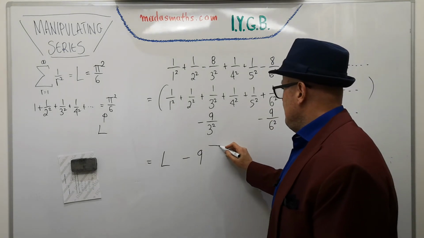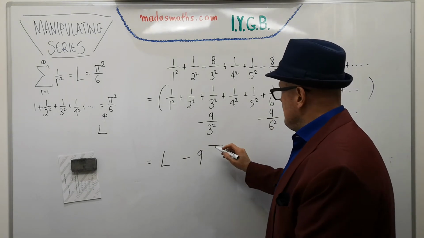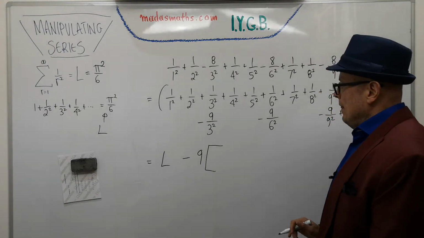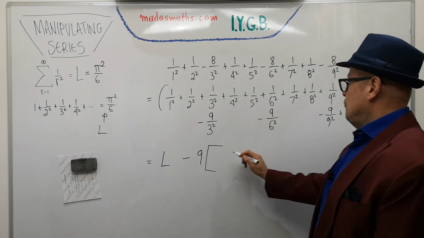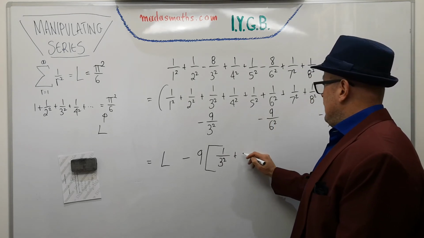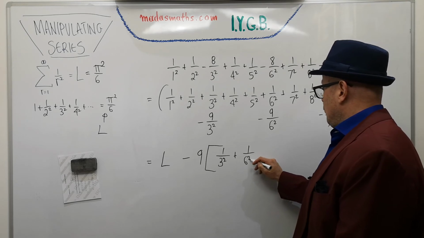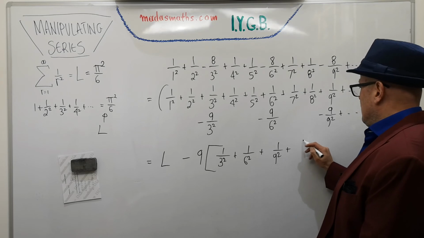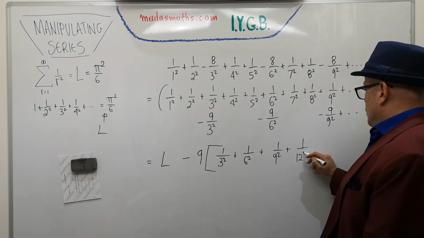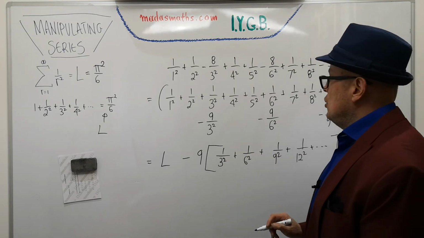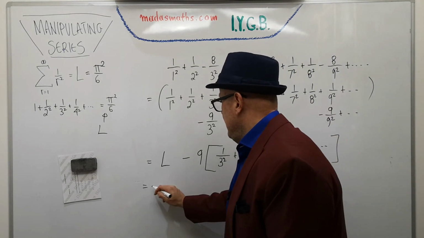And if I write in sigma notation, actually let me write first of all in normal notation so we can all see it before we move into sigma. So if we factorize the minus 9 from all of those, I'm going to get 1 over 3 squared plus 1 over 6 squared plus 1 over 9 squared plus, of course, if I wrote one more, it would have been 12 squared plus dot dot dot. So I'm going to write this now in sigma notation in the hope that this will help me see my answer.